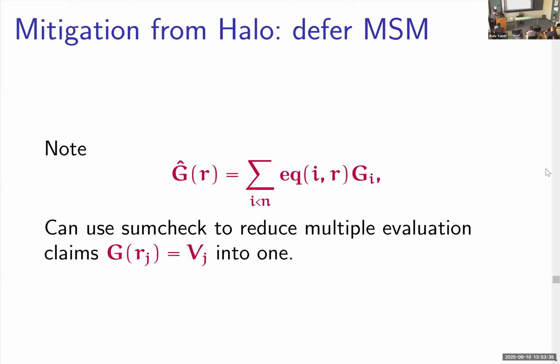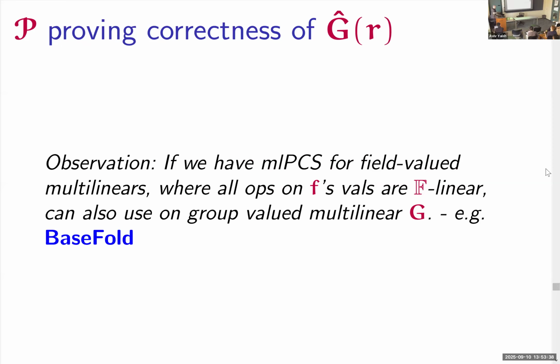And what we observed in this paper is that if we have some multilinear polynomial commitment scheme for field-valued multilinear polynomials, where all operations are linear, both the prover and verifier, then we can simply run the same PCS on a group-valued polynomial.